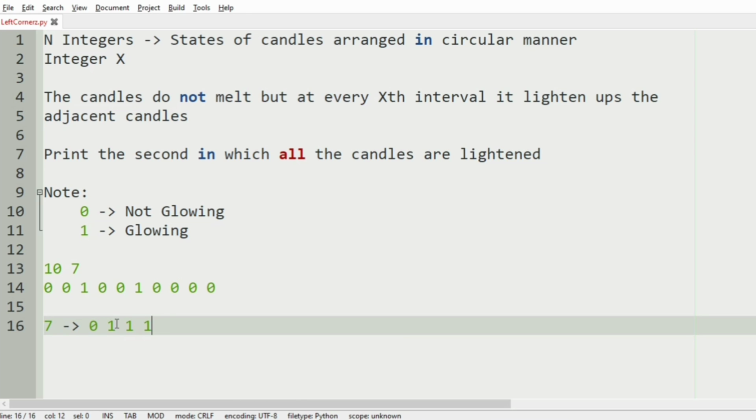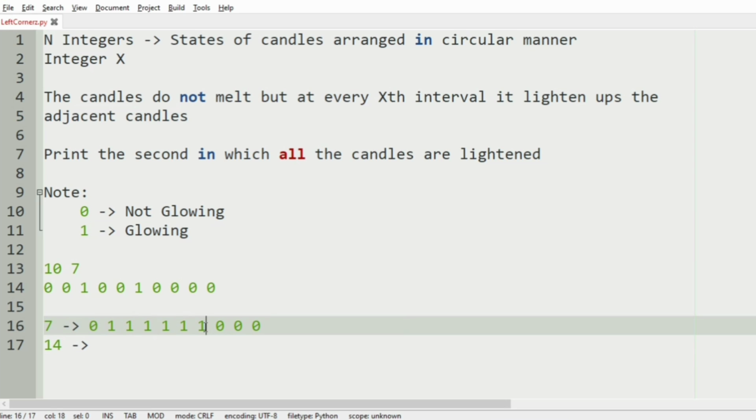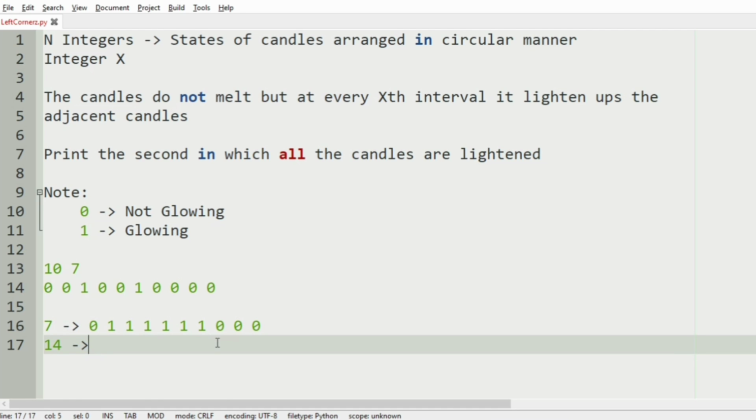So now the adjacent candles are lightened, and for the next second this candle will light up and this candle will light up this and this. So we have 1 1 1 1 1 1 1 1 and 2 zeros.